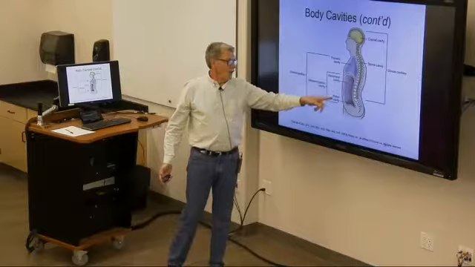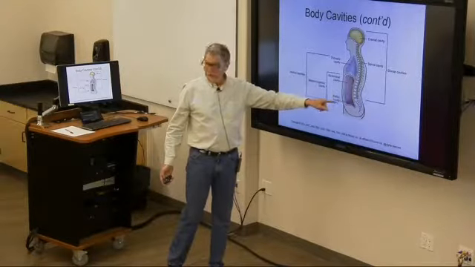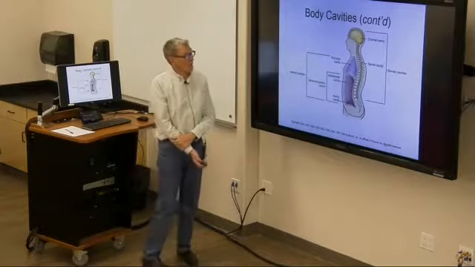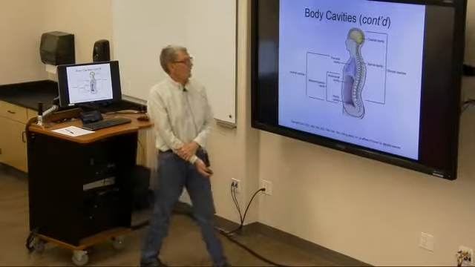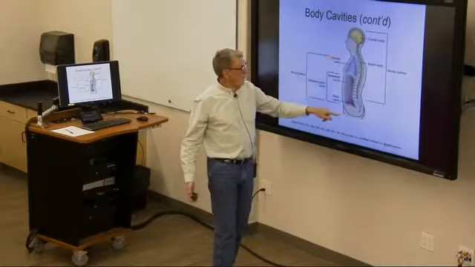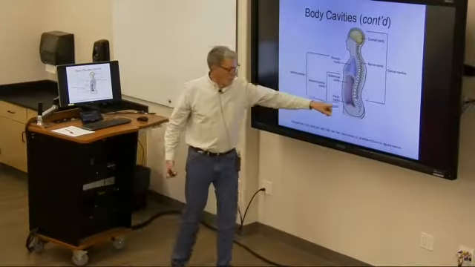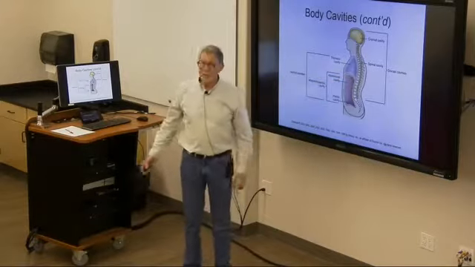Thoracic, abdomino-pelvic. And there's actually a little membrane that separates the pelvic cavity from the abdominal cavity. Cranial, spinal, the main. And they're all surrounded by these pleural membranes that can become inflamed.